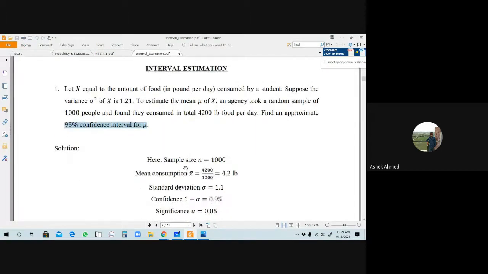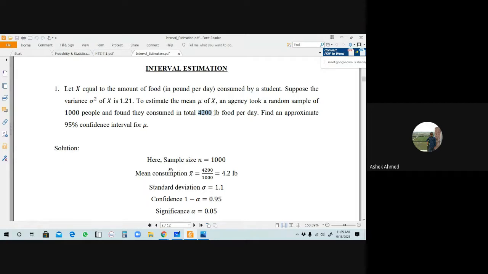So what do we need to find this? At first you have to determine the value of the sample size, this is 1000 people. Okay, and you have to determine the value of x bar, the average. What was said? x equals the amount of food consumed by a student, x represents that, but x bar will be the average here. Okay, so the total consumption of 1000 people is 4200 pounds.